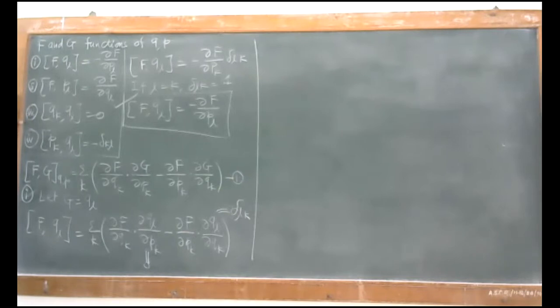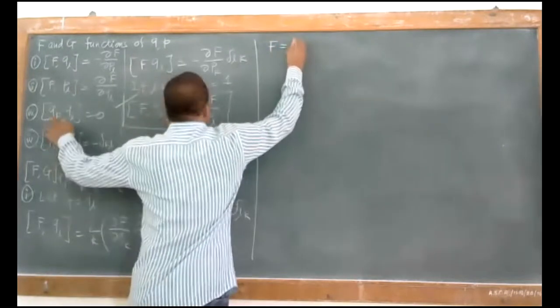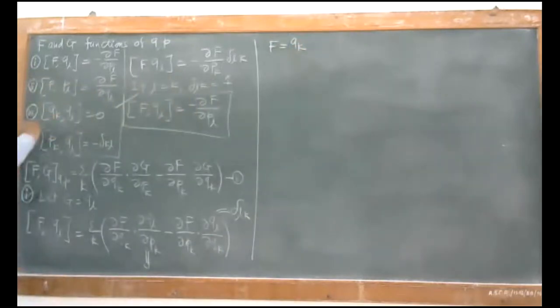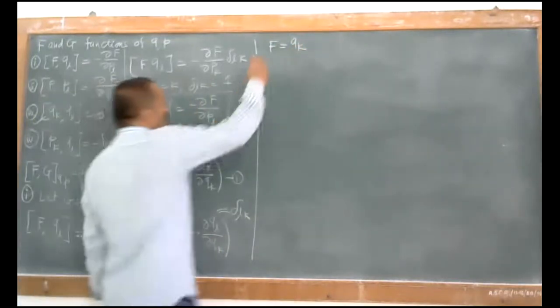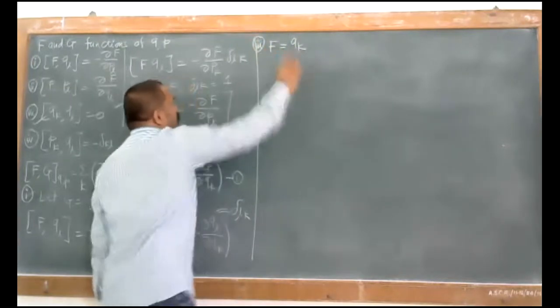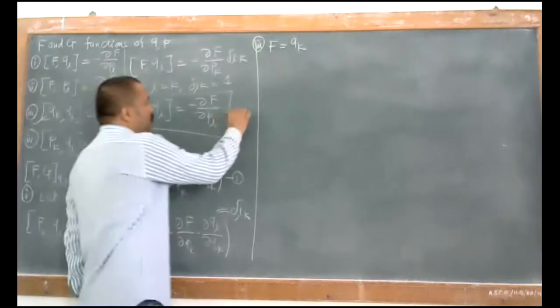We'll have to just use this f is equal to now qk. Okay, I'll do the third one first. Okay, I'll just write the third one. F is equal to qk, easy, yeah? So just put that in equation number 2.